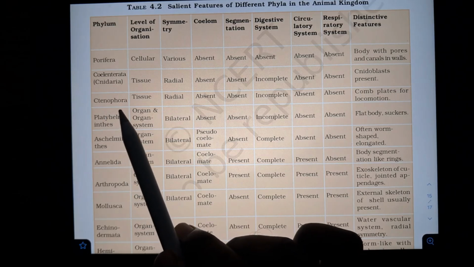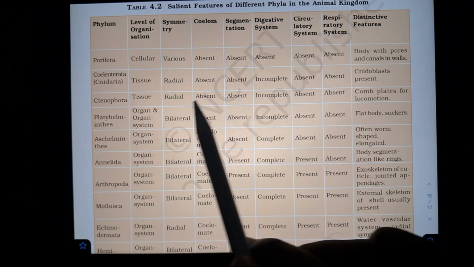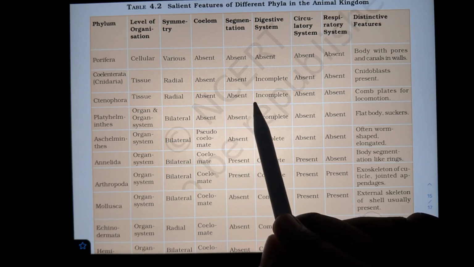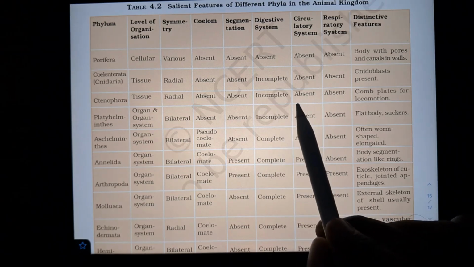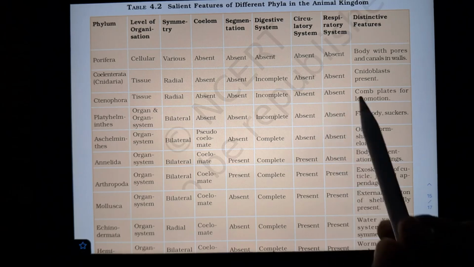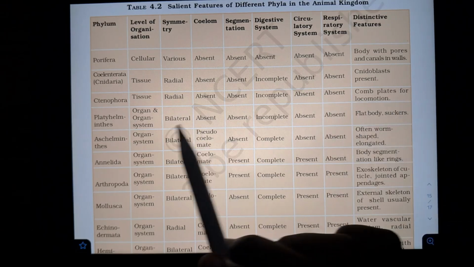Next, Ctenophora: tissue level of organization, radial symmetry, acoelom, no segmentation, and incomplete digestion. There is no circulatory or respiratory system. The distinguishing feature is comb plates for locomotion.